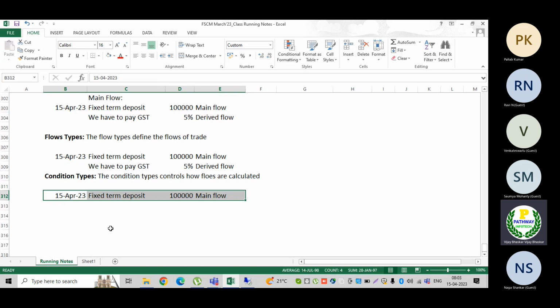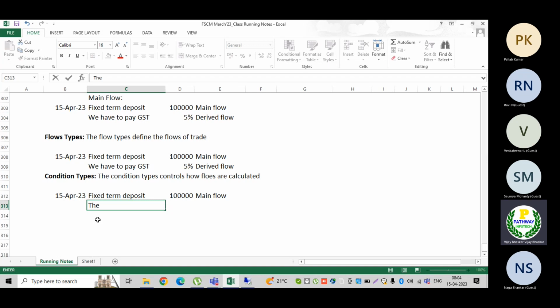It depends on the agreement between the bank, the counterparty, and my organization. Until the maturity period, we must perform the accrual and deferral. The accrual and deferral is a part of the month end activity. So we must define the conditions, let us assume the interest.